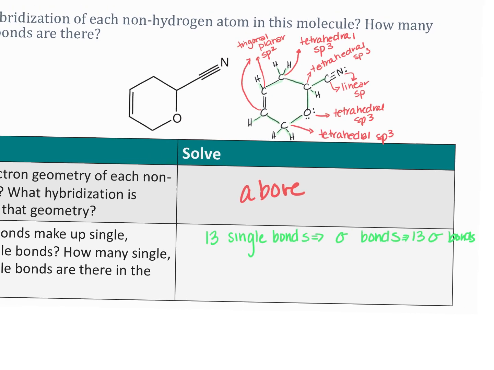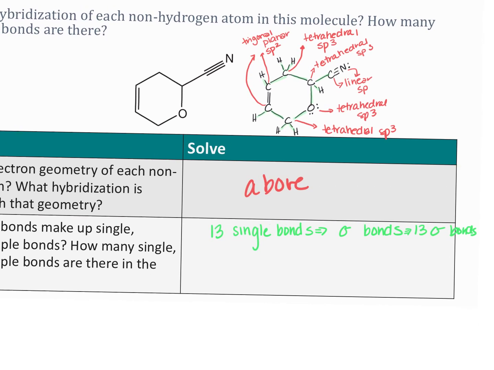Now, next we need to look to see if we have any double bonds. We do have a double bond, so we're going to highlight that double bond there in blue. So we find that double bond, we know we have one double bond. And in that double bond, we know we're going to have one sigma and one pi bond.